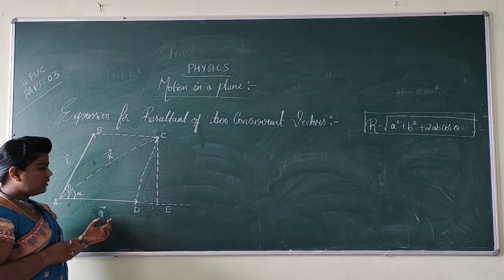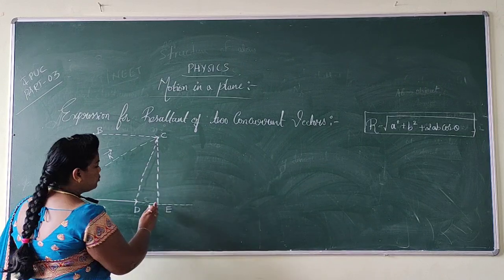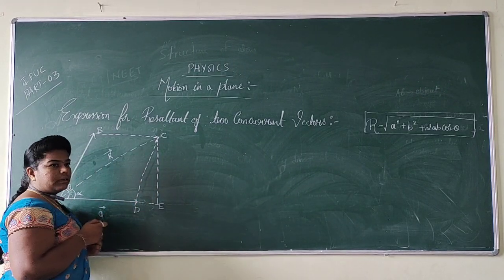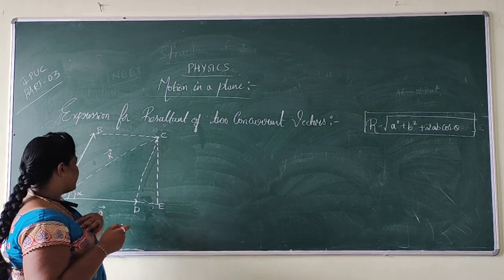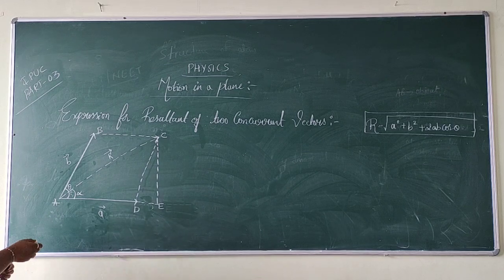For my calculation, I extended AD, that is vector A, up to E, and then drew a perpendicular from C to AE. So finally I got the diagram in this way.